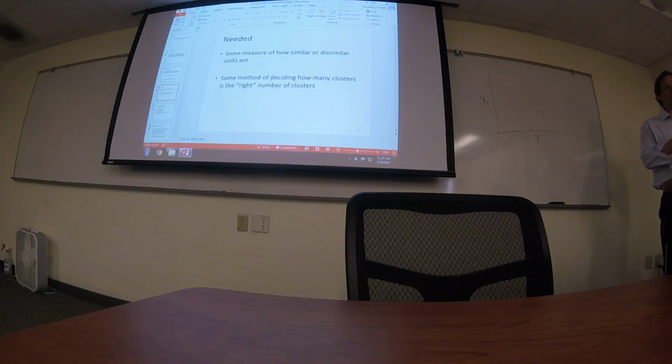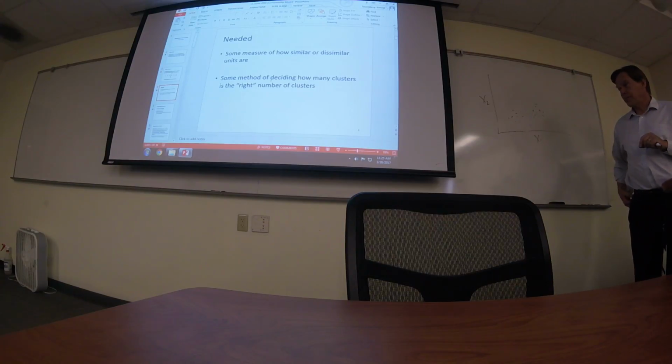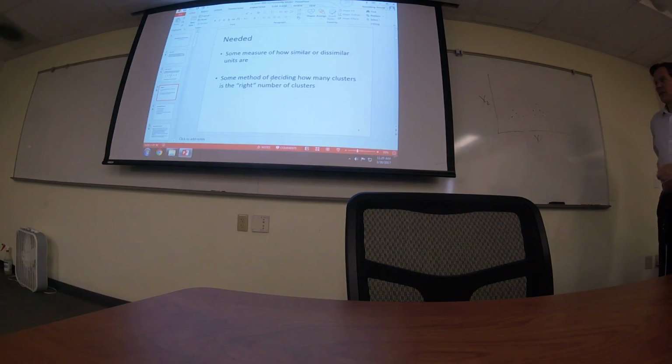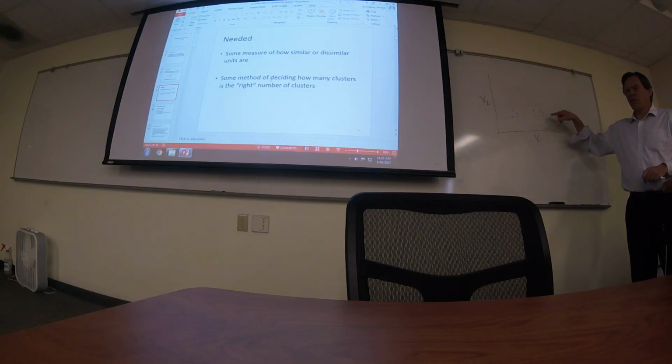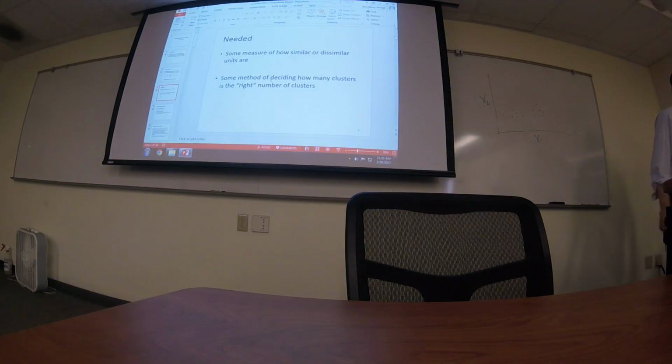If they're not real clusters, then it matters a lot what you choose. So the different methods for choosing how you measure how far apart these are impact the answer. And hopefully they don't impact the answer too much.